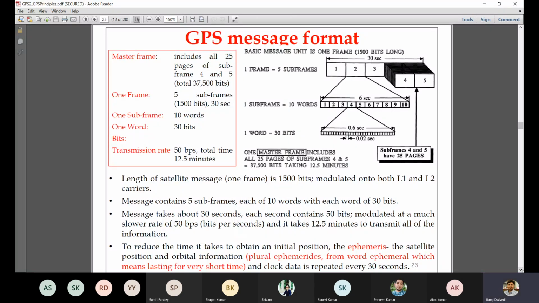So you have one frame that consists of 5 subframes. Each individual frame has 5 subframes. Each subframe has 10 words. Each word is of 30 bits. That figure is representing, including all 25 pages of subframe 4 and 5.